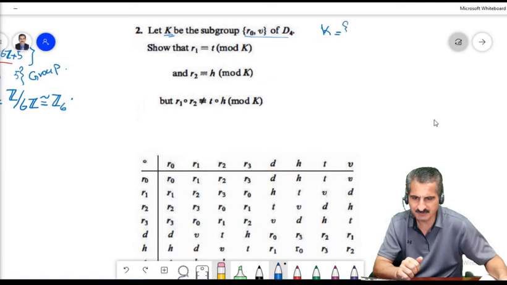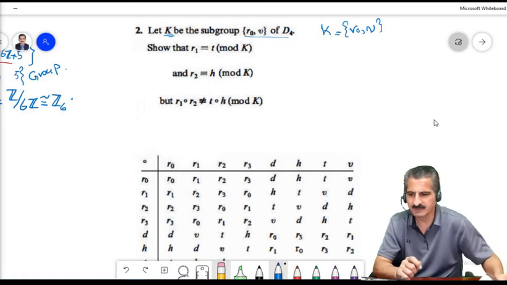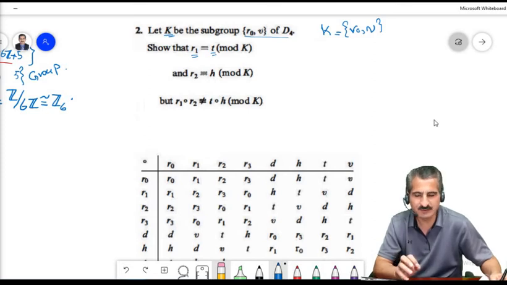Let me write it here: R0 and V. Now here we will show that R1 and T are congruent modulo K, and R2 and H are congruent modulo K. But once we multiply R1 and R2 and multiply T and H, we get no equality, which means the property star is not holding.